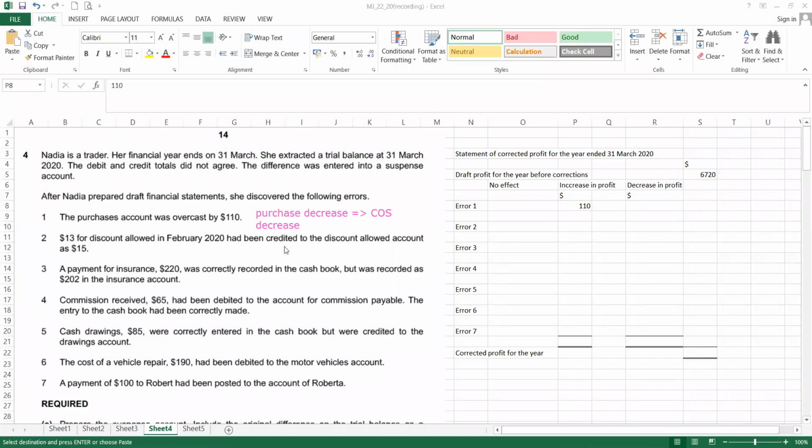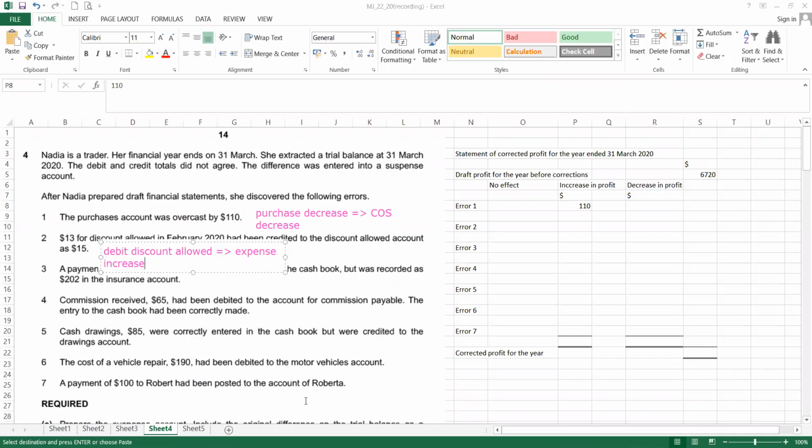13 for the discount allowed has been credited to the discount allowed account as 15. So we debit discount allowed 13 and reverse 15. Total debit is 28. So when we debit discount allowed, expenses increase, so profit will be decreased.